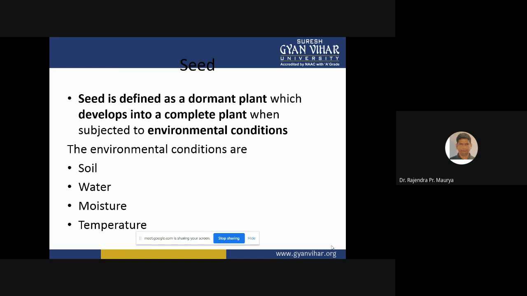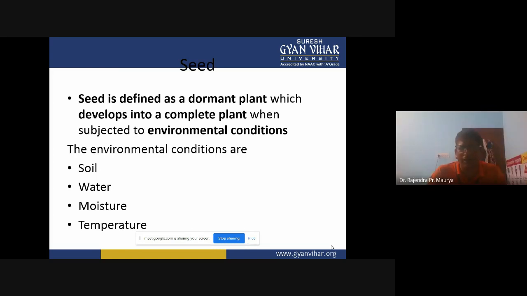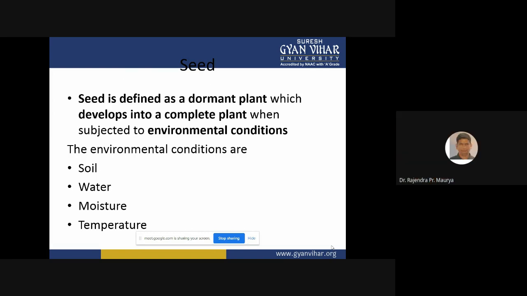Seed is defined as a dormant plant which develops into a complete plant when subjected to environmental conditions. The seed is very small, and from that seed we can sow, it will germinate, after that it will grow and develop into a complete, whole plant.